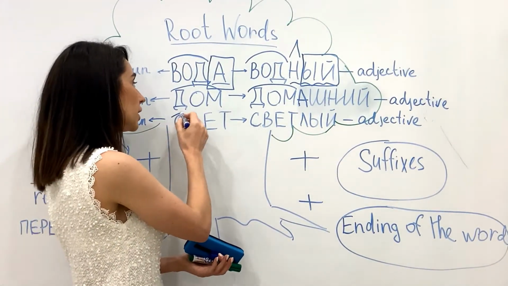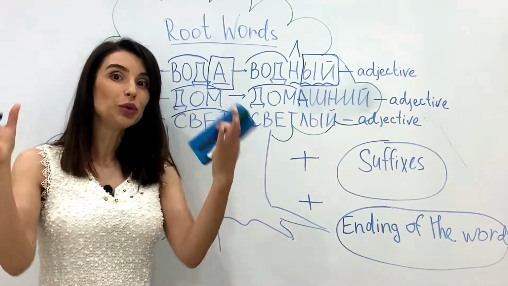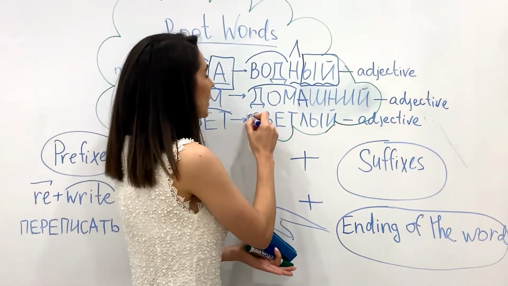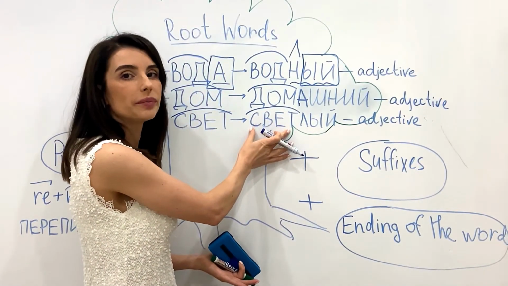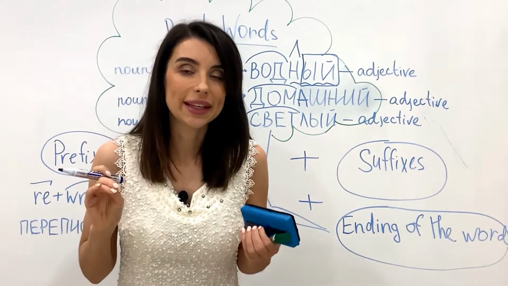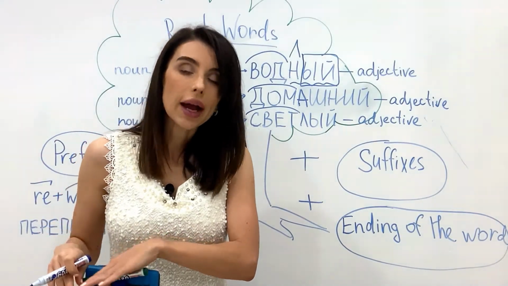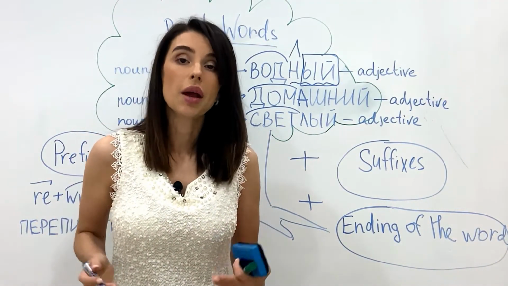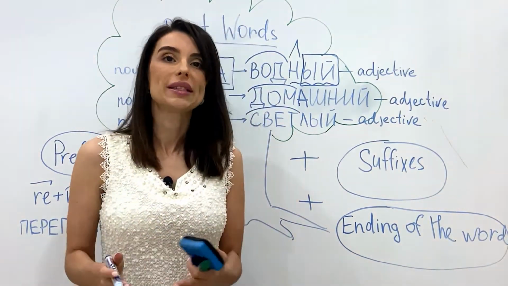Because here, свет, it's the root of the word, and here you can find this part also. If you have some question, please ask me under this video. Okay, I will explain again. Maybe I will record another video with explanation.